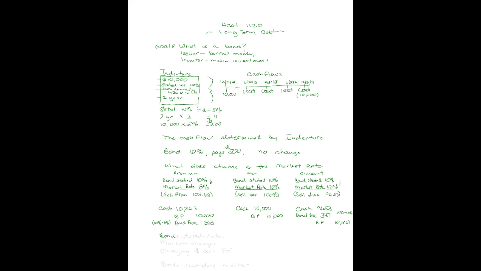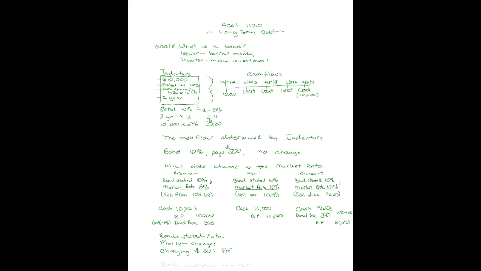Bonds have a stated rate, and it can't change. The market changes. And the way that we can still sell bonds is by changing how much we sell them for. We change them by an amount that makes the investor get exactly what the market rate is.